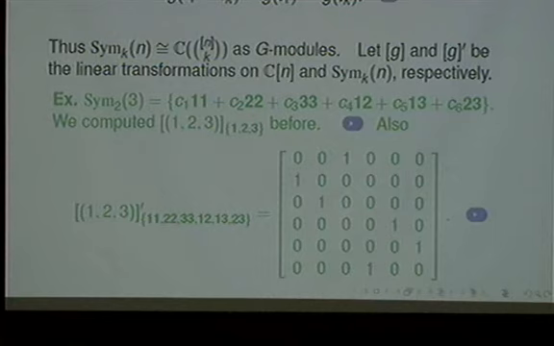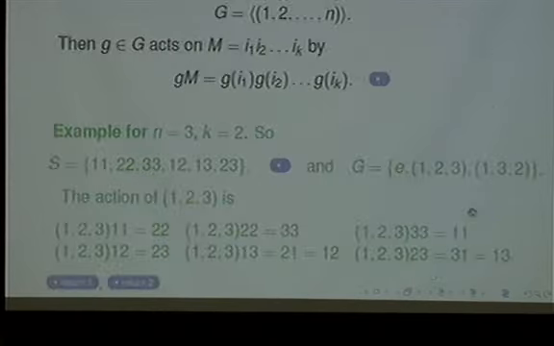And we've actually seen this matrix before also, although we didn't write it down in matrix form. Because remember, way back at the very beginning, we computed the action of (1 2 3) on multisets. It sent 11 to 22, 22 to 33, 33 to 11. So we have one little 3-cycle there, and then another little 3-cycle on 12, 23, and 13. And that's just reflected in the matrix.